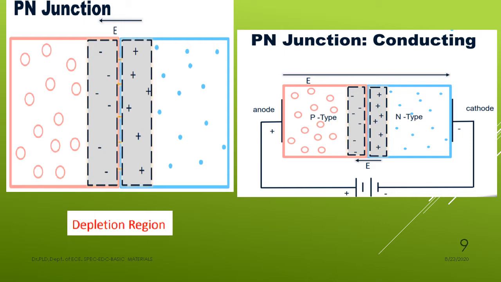Because of this phenomenon, majority carriers can cross the junction, since majority carriers are electrons in the n-type and holes in the p-type. Whenever the majority carriers cross the junction, it allows a large current to flow through the PN junction diode.